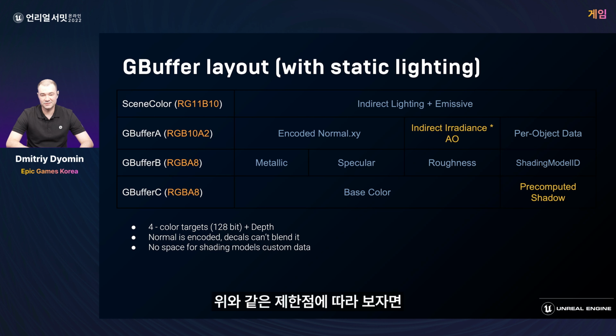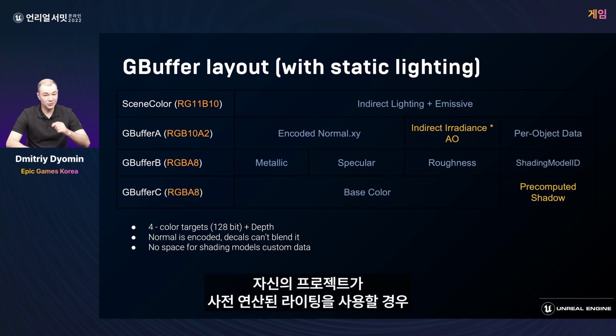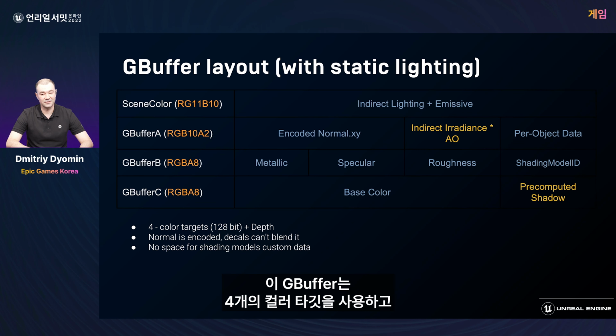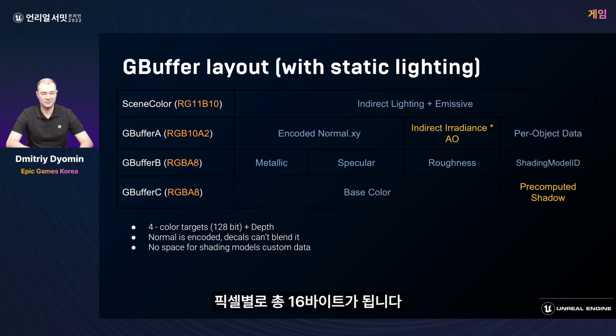So what kind of implications do these limitations have? When your project uses pre-computed lighting, this is the G-buffer layout we have to use to fit into all limits. This G-buffer uses 4 color targets and 16 bytes per pixel in total.